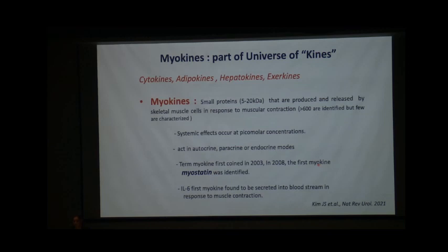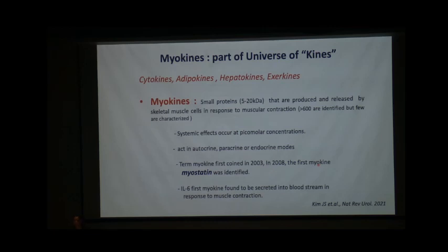A lot of research is going on actively into what these myokines are doing. More than 600 myokines have been identified, but only a few have been characterized and their biological function is known. Even picomolar concentrations are enough to produce a physiological function in the body. They can act via autocrine, paracrine, and endocrine modes.